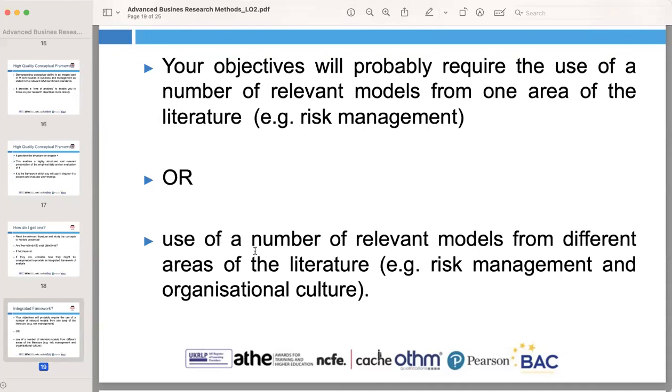Secondly, an integrated framework enables us to develop more robust risk mitigation strategies. By combining insights from different models, we can uncover interdependencies and relationships that might otherwise be overlooked. So this holistic understanding guides us in creating effective strategies that address the complexity of a real world scenario.